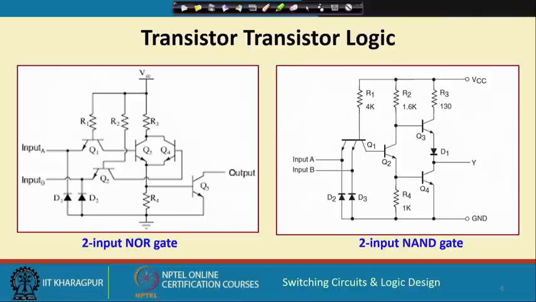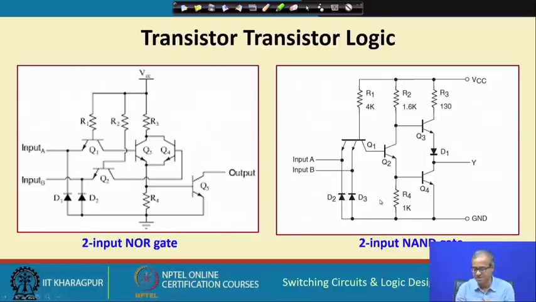So, this is roughly how it used to work. I am not going into detailed operation of this, but I am just showing that in TTL there were so many resistances and transistors, bipolar transistors, that are used to realize the basic gates. These TTLs were used for SSI and MSI level logic at one point in time, but today you do not see this kind of circuits anymore.